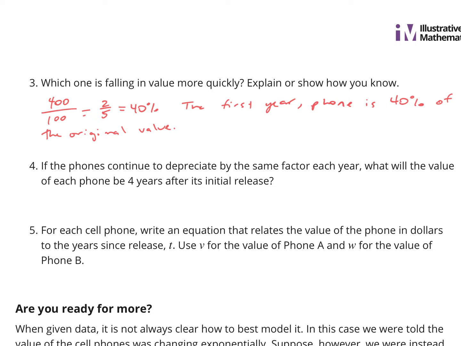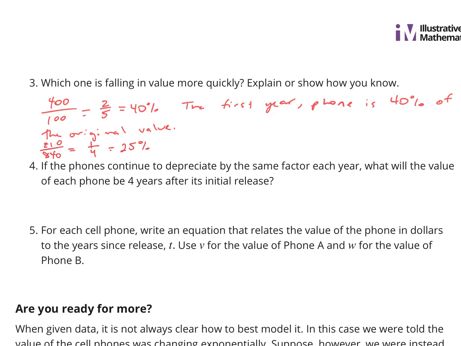The second year, it loses $240, which is still that 40%. So we know that it's losing 40% of the value each year. Phone B, on the other hand, loses $210. So that's 210 out of 840, which is 1/4, or you could say 25%.